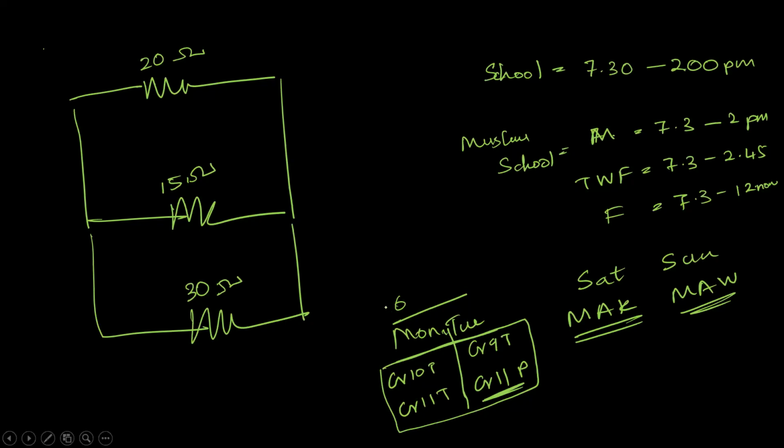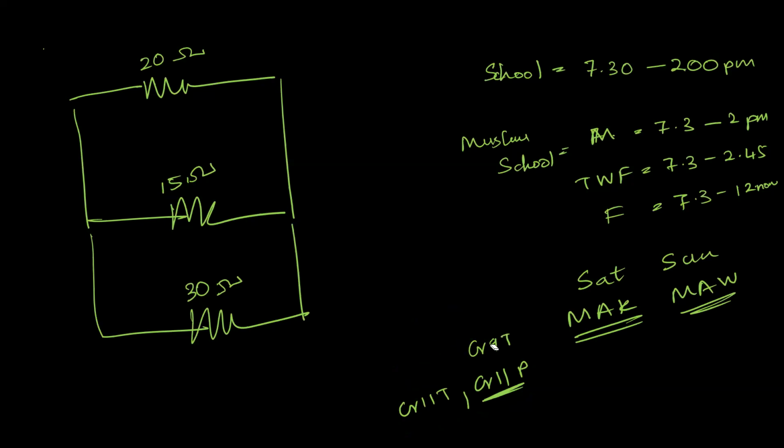So that's why we have decided it. Monday, grade 10, grade 11 theory. Tuesday, grade 9 theory, and the night class will be the grade 11 paper classes. So just keep it in mind. School traffic and office traffic will combine. Yeah, almost those two are coming closer, even the morning traffic.